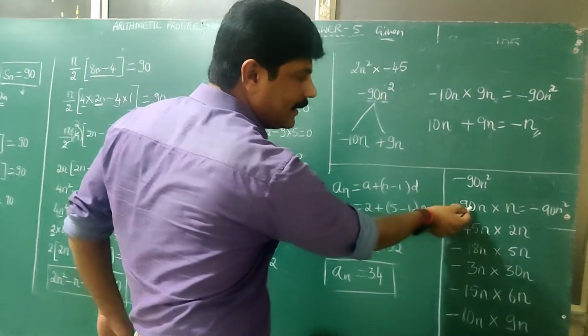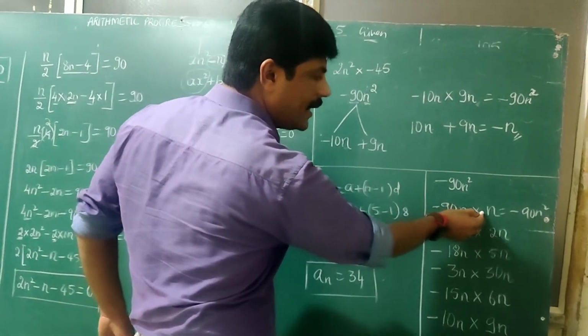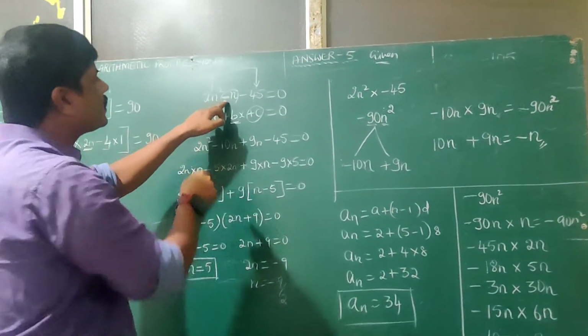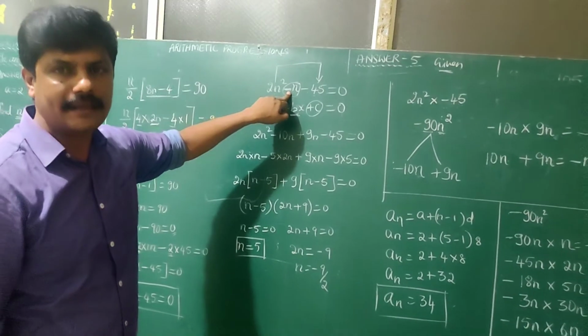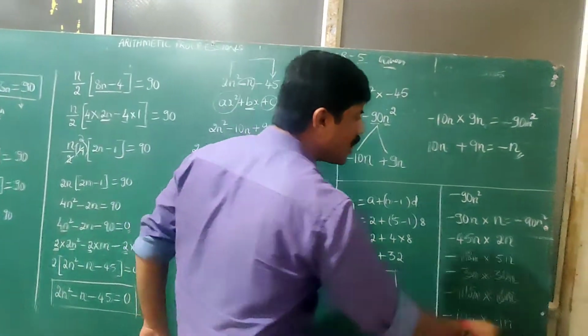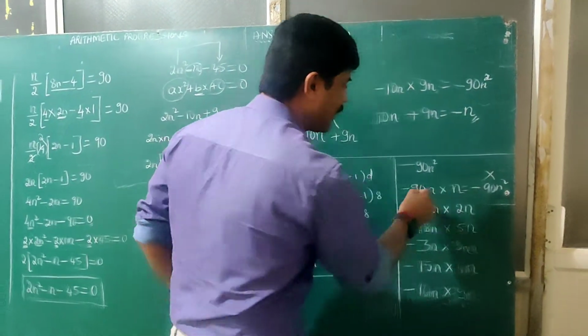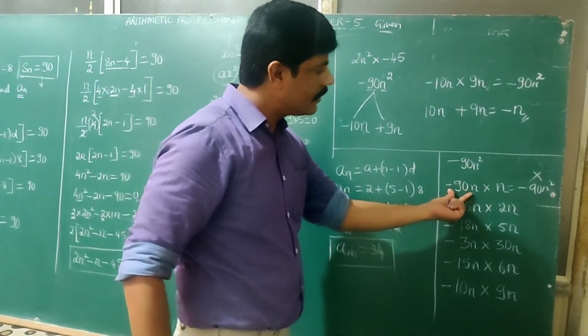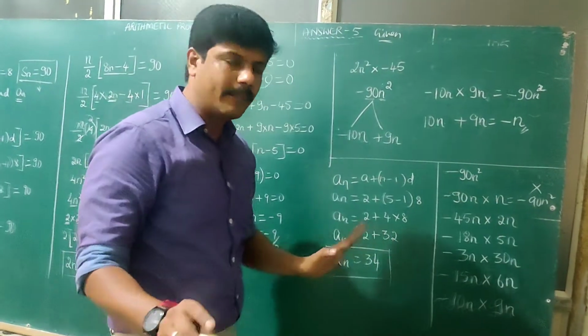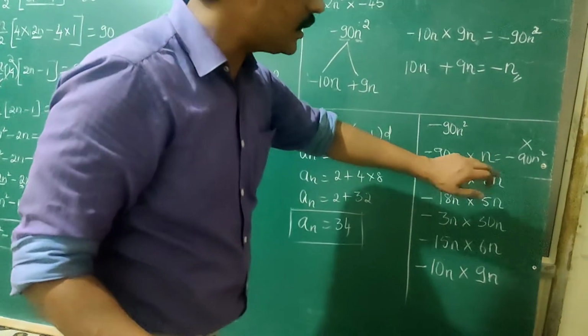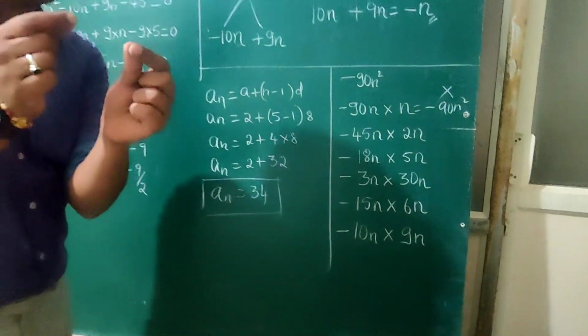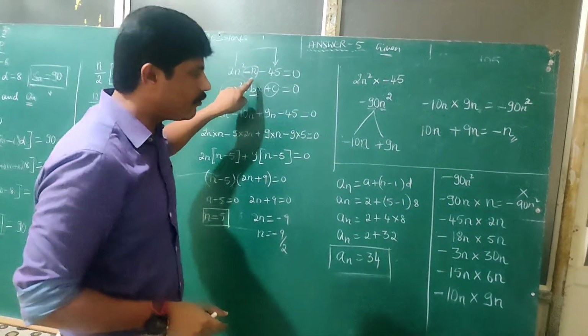But minus 90n and n do not give minus n. Therefore, I am not using these factors, minus 90n and n, because after multiplication you will get minus 90n square, but after addition or subtraction you are not getting minus n. Therefore, I am not using them.